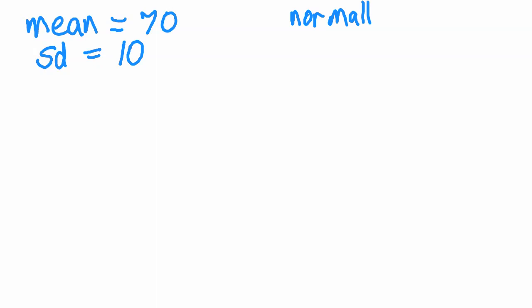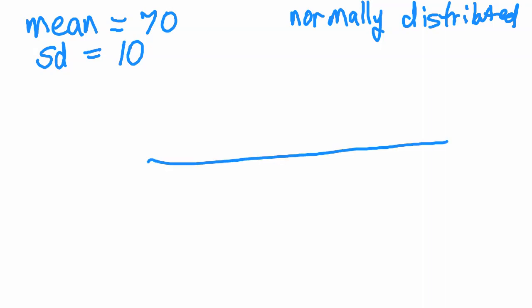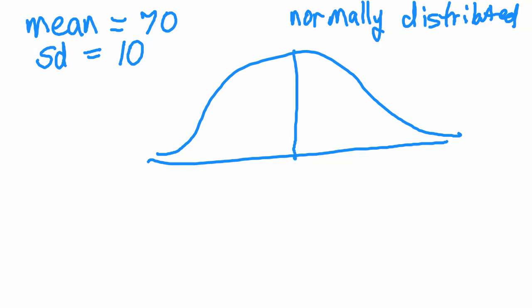So it will tell you that. So immediately, if you were to use the empirical rule, then you would know 70 is in the middle. Your mean's always in the middle.